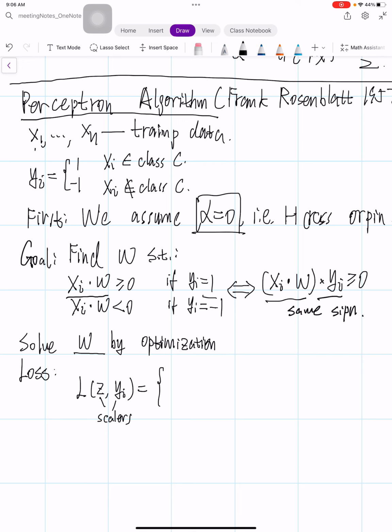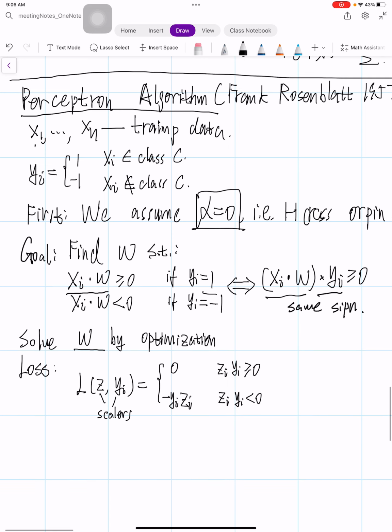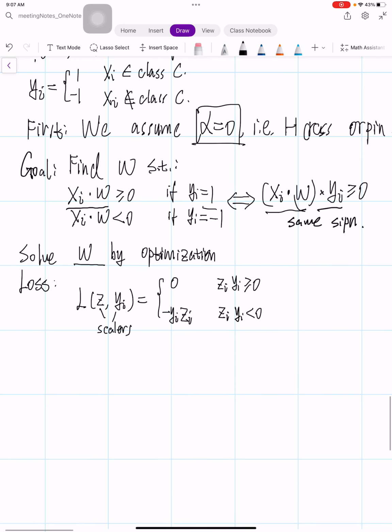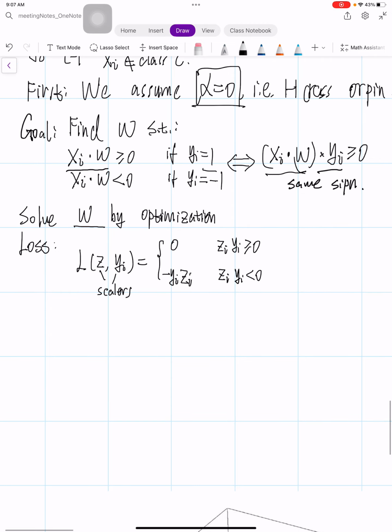If it's correctly classified, which means z and y have the same sign, so yz is greater than or equal to 0, we don't give a penalty. Otherwise, if yz is less than 0, we give the penalty negative yz. This is our loss function for one point, and now we just need to solve for this omega.